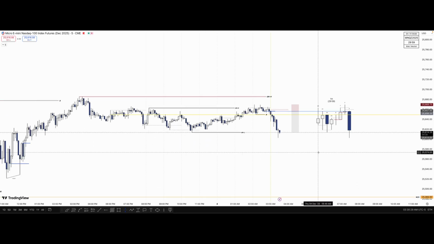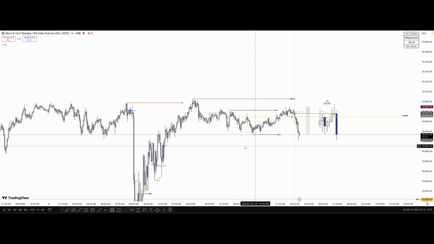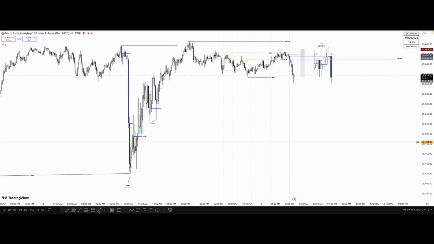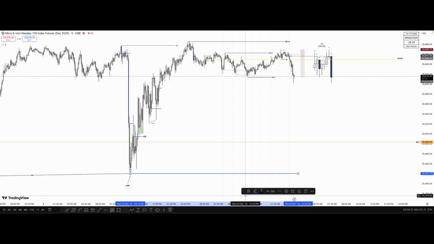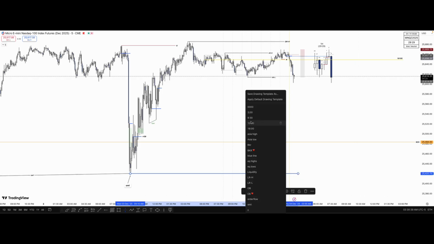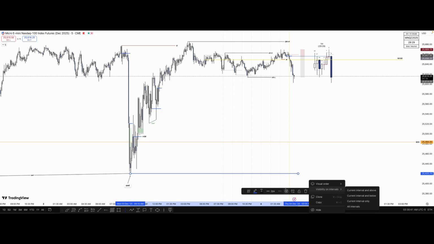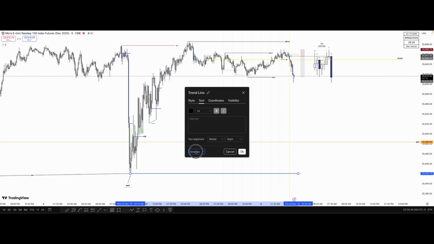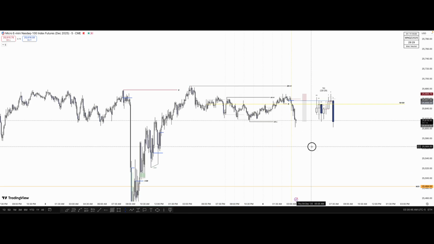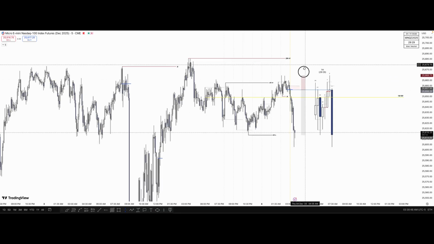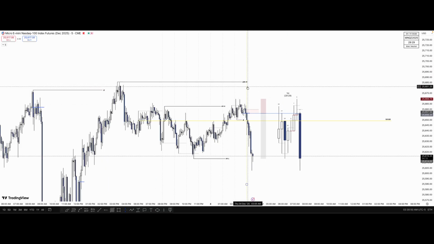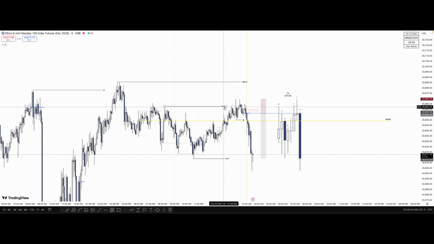We need to take into account the daily high, and the daily low, right? And like I told you, which is the nearest drawn liquidity here? The nearest drawn liquidity is the daily high, or we can use this one as a drawn liquidity.